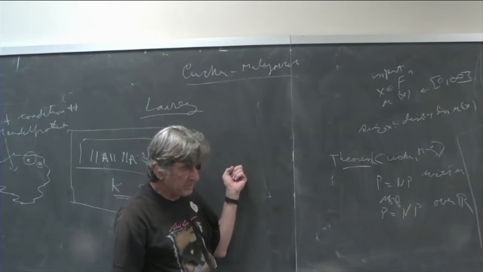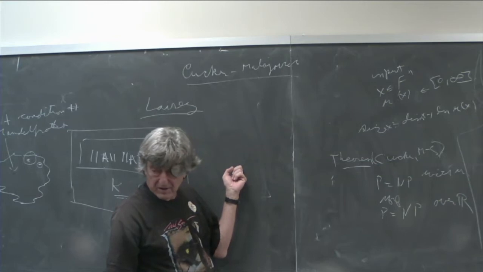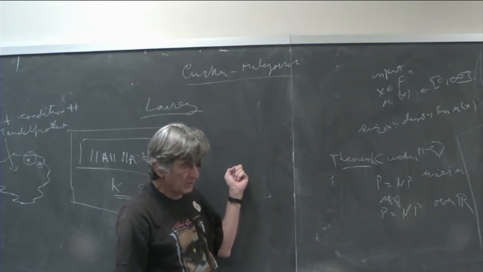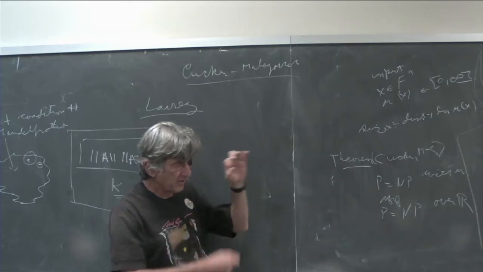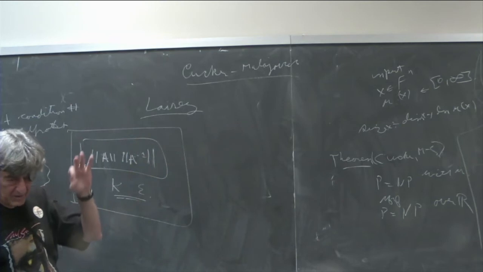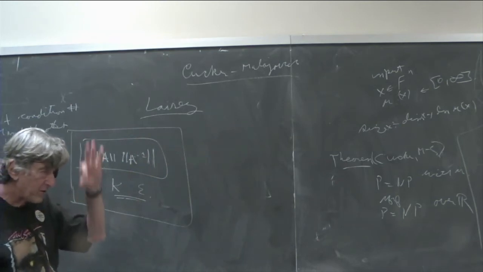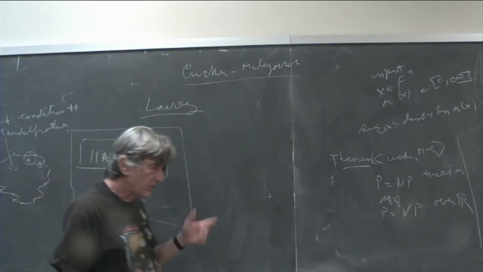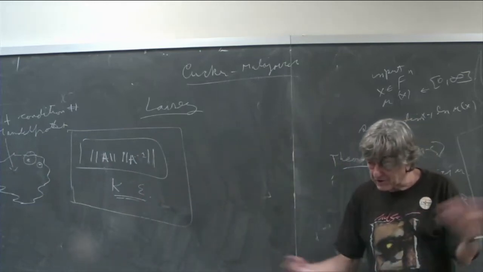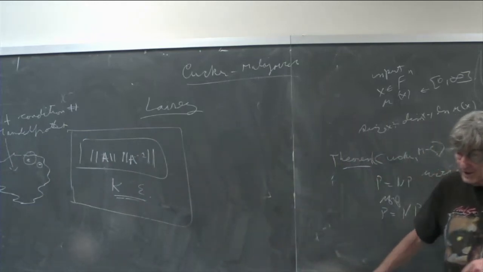But in complex equations, the degenerate systems are codimension 2. So the distance to a codimension 2 variety, epsilon, is like epsilon squared. So now you can integrate it. You couldn't integrate 1 over epsilon, but you can integrate 1 over epsilon squared.